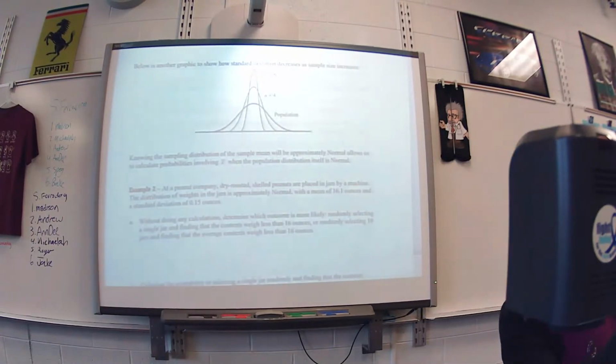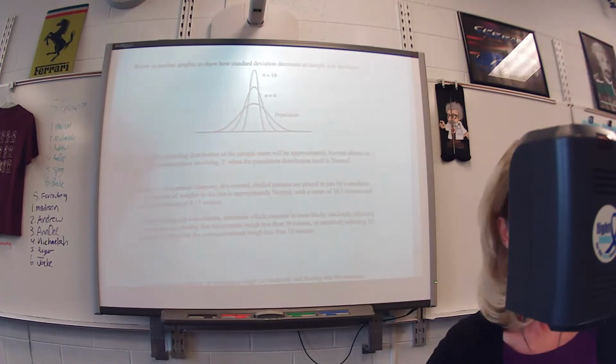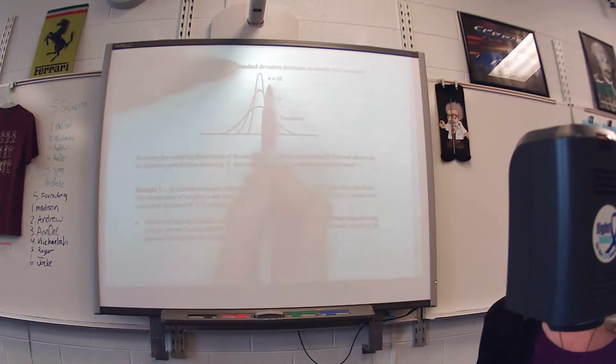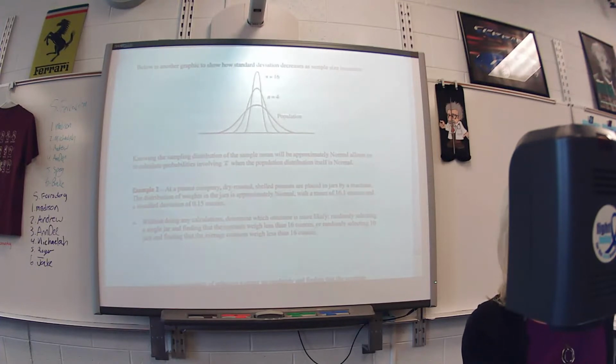But the area under the curve is always equal to 1. So if the variation is getting smaller, the distribution gets taller. But then if your n size gets bigger, it's going to narrow even more and get even taller.